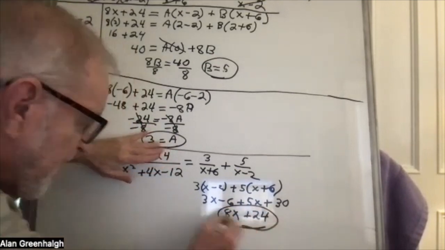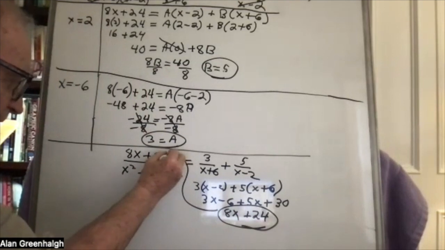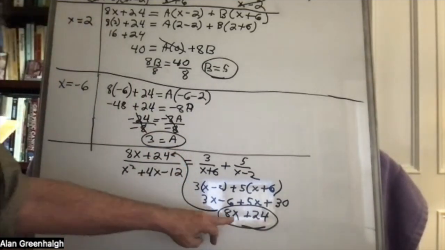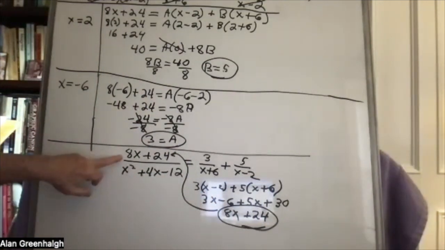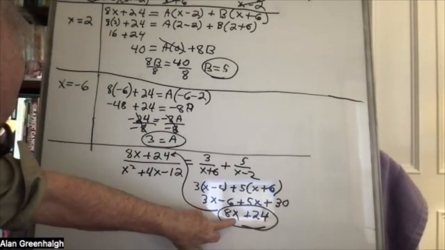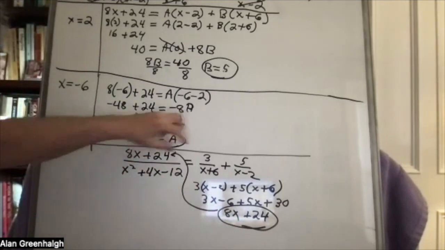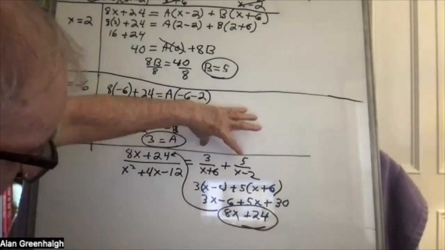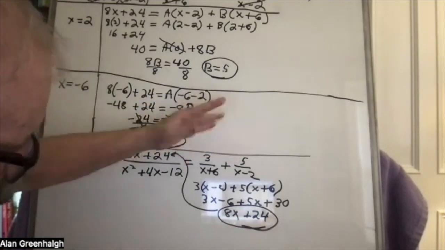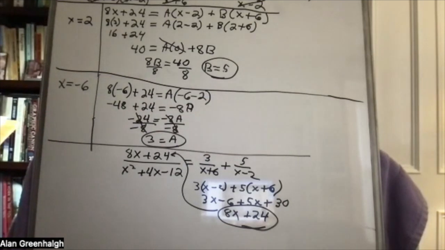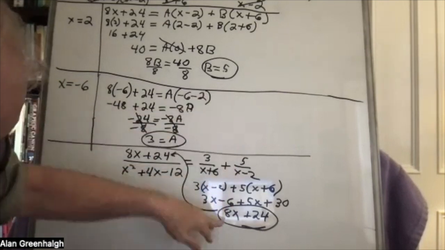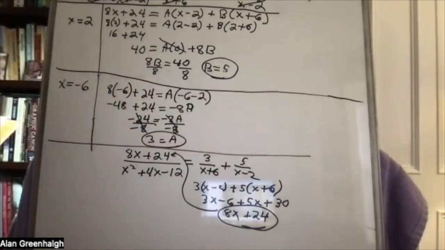So when this hopefully equals this, that's your check. And it does indeed work. So when Rose did this problem, this didn't turn out to be equal to this. So she realized that the 3 and the 5 needed to be switched, she had the 5 here and the 3 there. I don't know why that happened, but anyway, it doesn't matter because all you do is switch it, try it, and if it comes out the same, that's the problem.